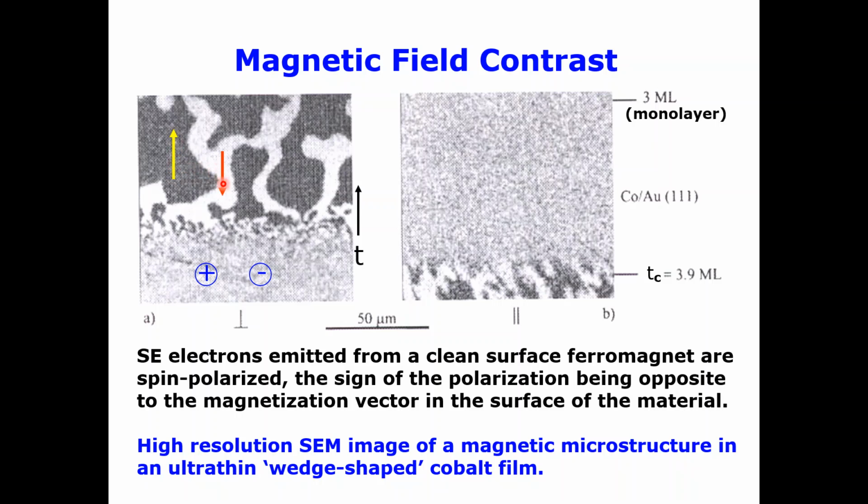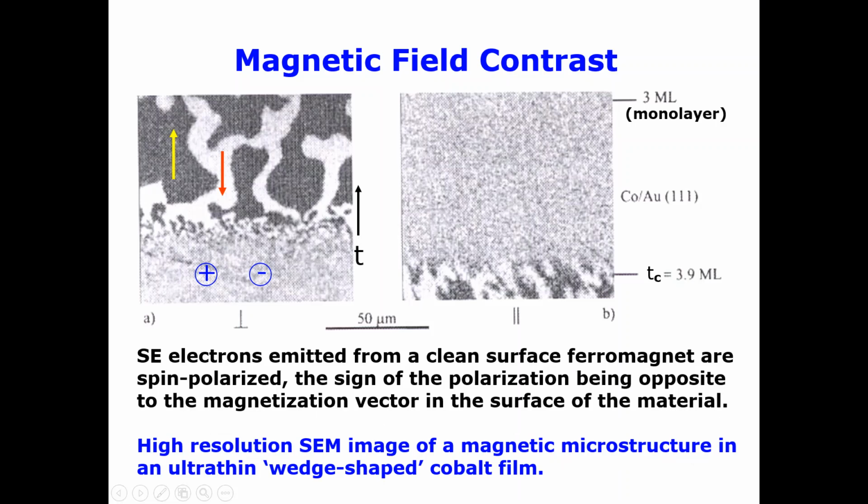The sign of the polarization is opposite to the magnetization vector in the surface of the material. So what information do we get from both of these micrographs?